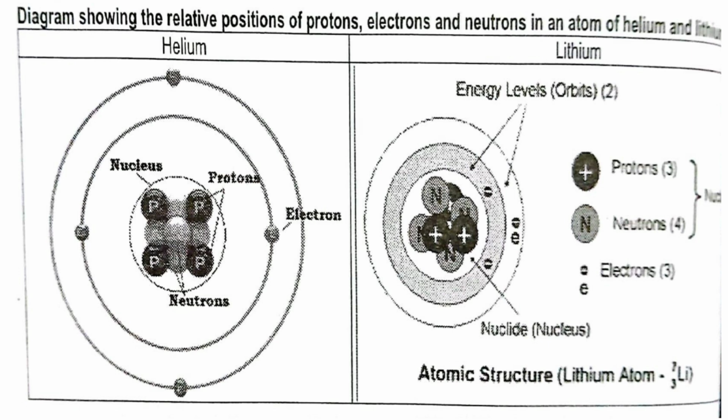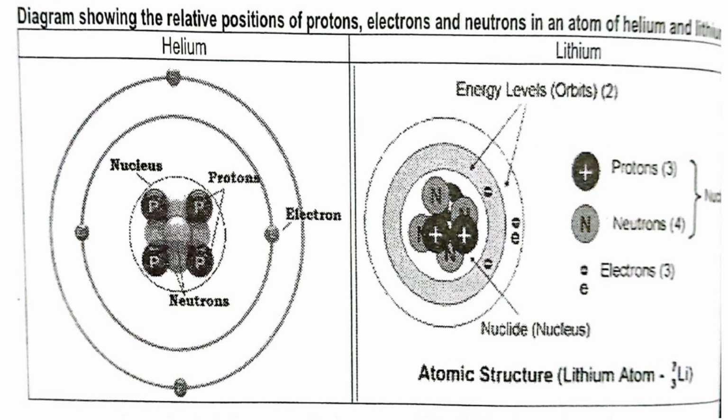Then on the other hand, in the case of lithium, which has 3 protons and 4 neutrons, all of them are found inside the nucleus. The 3 protons plus the 4 neutrons are inside the nucleus, while the 3 electrons are found around the energy levels. Now, the protons and the neutrons are called nucleons because they are found inside the nucleus.